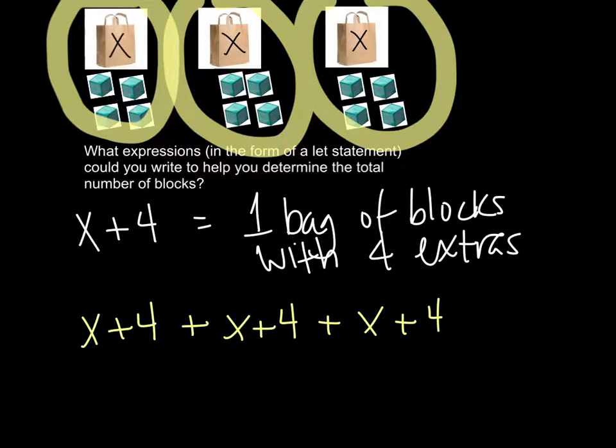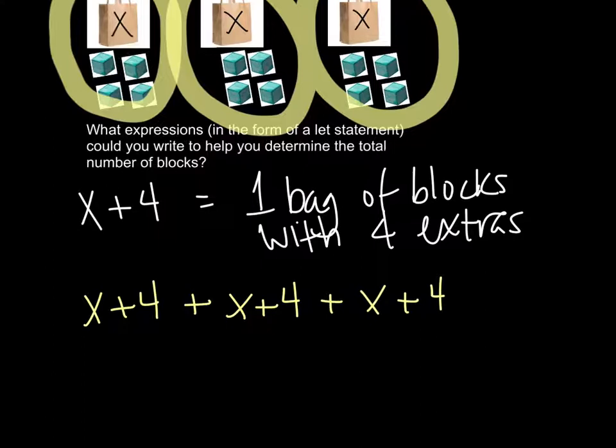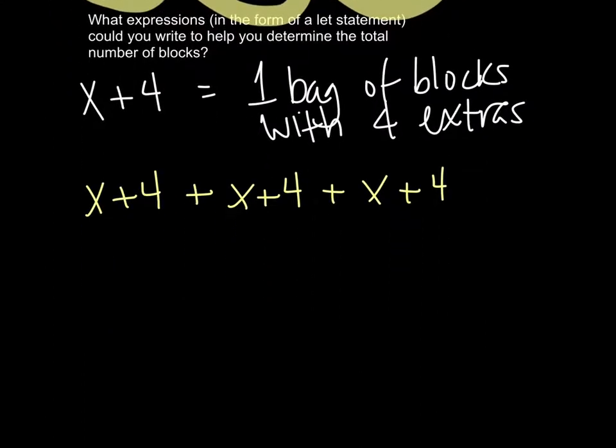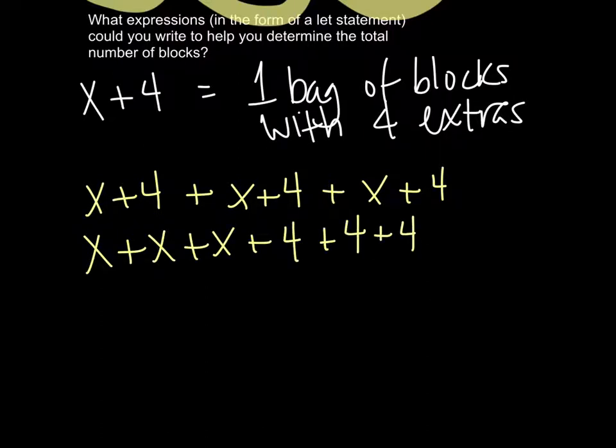As we continue to practice, we would notice that we really have x plus x plus x plus 4 plus 4 plus 4. Based on what we've been working on in class recently, that's 1x plus 1x plus 1x to give us 3x, and 4 plus 4 plus 4 would give us 12.